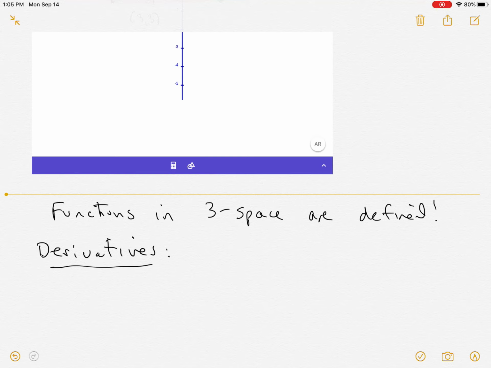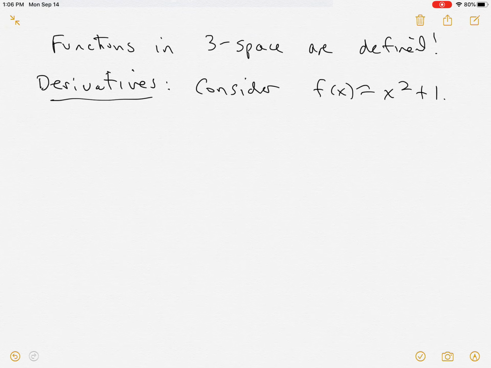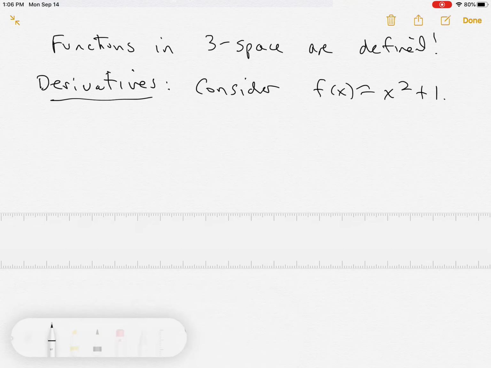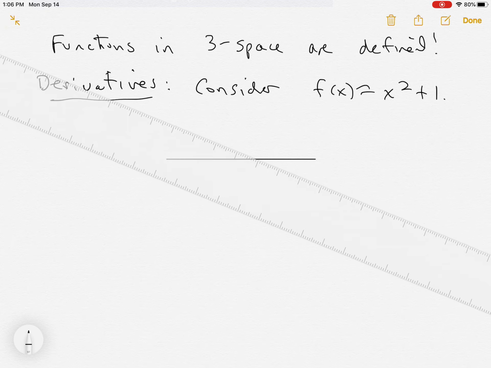We'll go back again. Let's consider the function f of x equals x squared plus 1. This seems to be my sort of go-to function whenever I'm talking about Calc 1. Get some better axes than the ones I've been making.